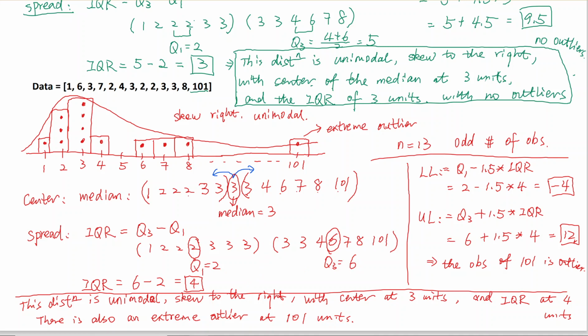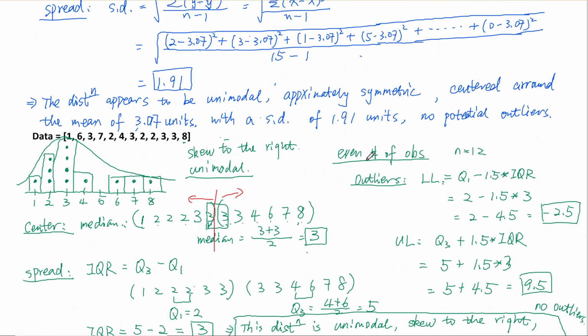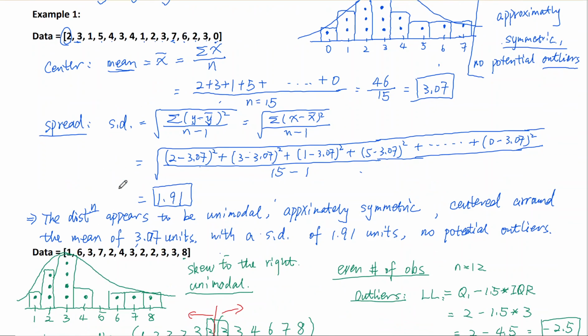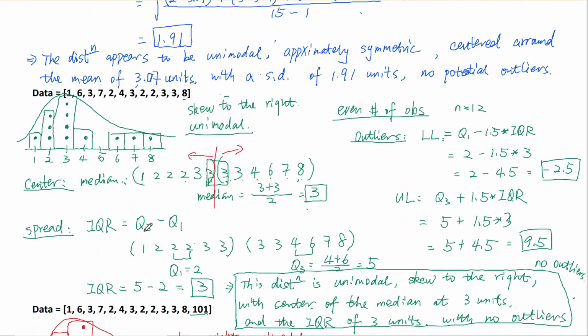Right, so you may ask whether you can use JMP to provide this information, because it would be easier and you don't need to calculate like this. I need to say that the mean and standard deviation will be the same. But for the median and IQR, for Q1 and Q3, JMP will show different results, because JMP uses another method to find Q1 and Q3.